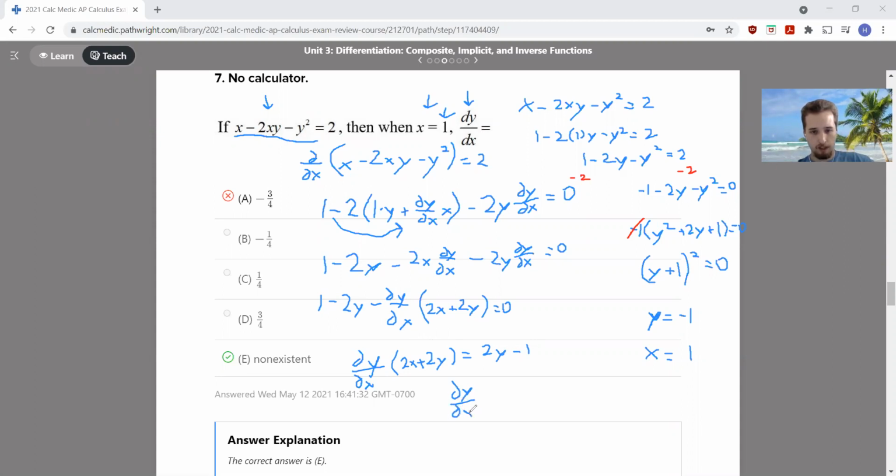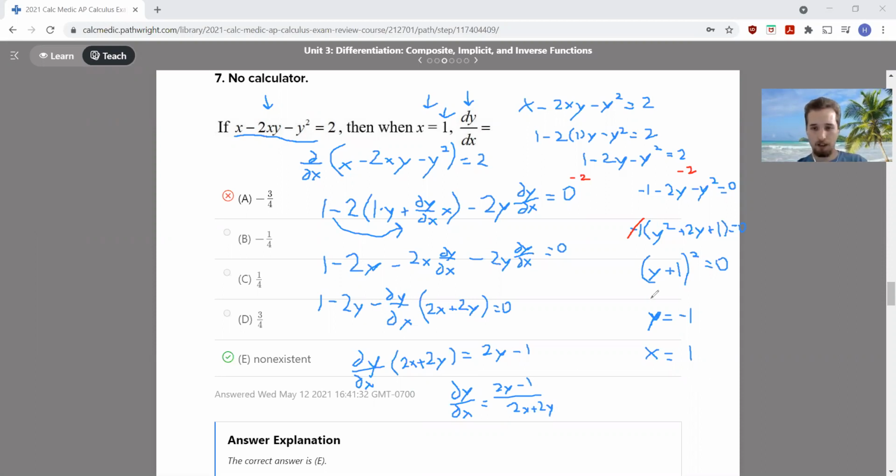So dy/dx is equal to, just make sure I'm doing this right. Okay, perfect. So you get 2y minus 1. This is a question I got wrong because I forgot to distribute a negative sign, so I'm just making sure. So, even someone like me who's been doing math for years, we can mess up sometimes. So now we have (2y minus 1) over (2x plus 2y) is equal to dy/dx.